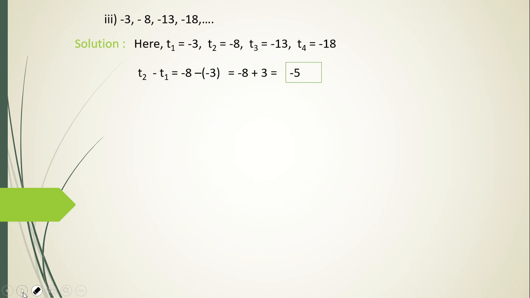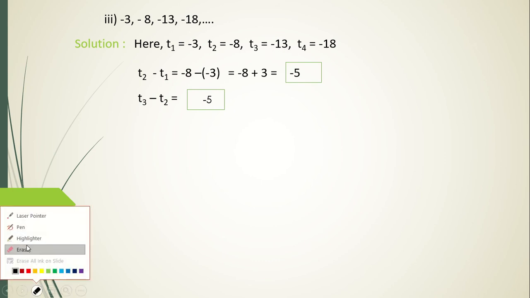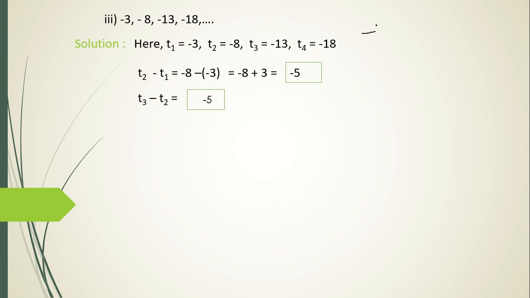Next is T3 minus T2. T3 is minus 13. I'll just show it at the side if you want me to. T3 is minus 13 minus minus 8.